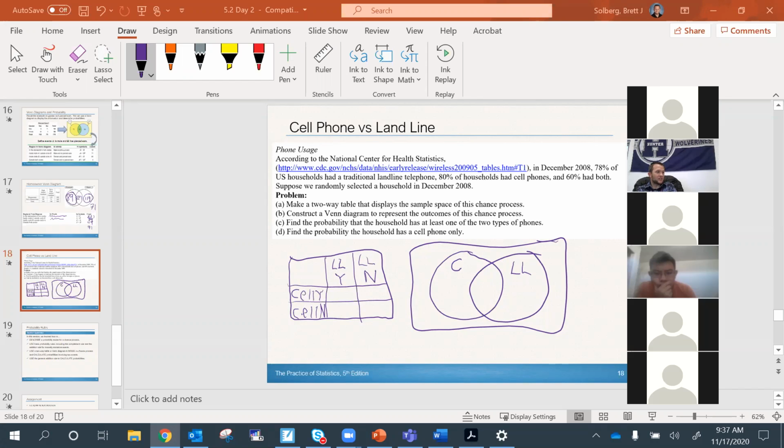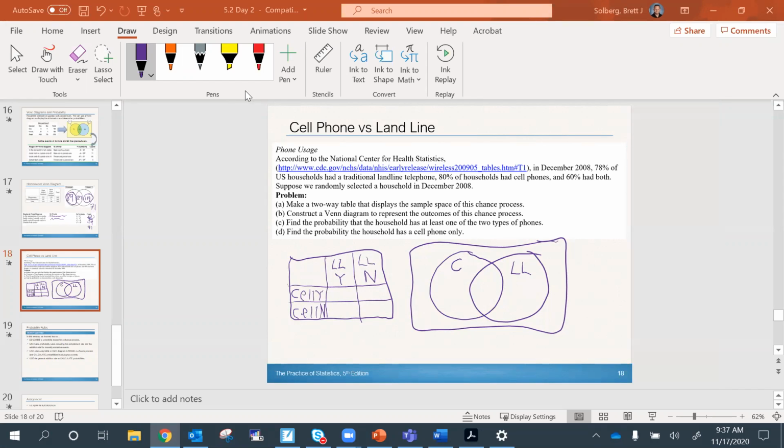All right, now this one was a little bit trickier than the last one, but is there someone who thinks they got it? Does someone want to unmute and tell me what your thought process was for filling in either of those? Would the 78% of households who had a traditional landline go in the LLY and cell N category, since they have a landline but don't have a cell phone?